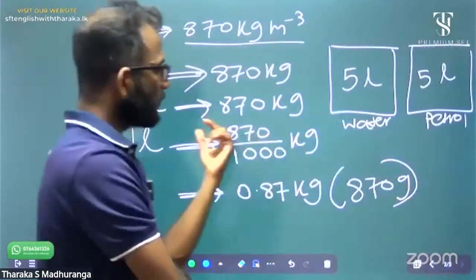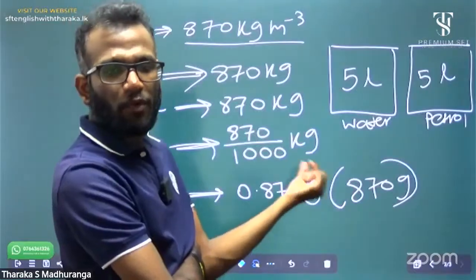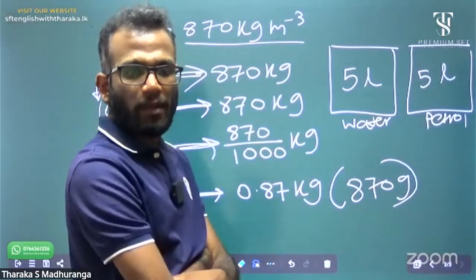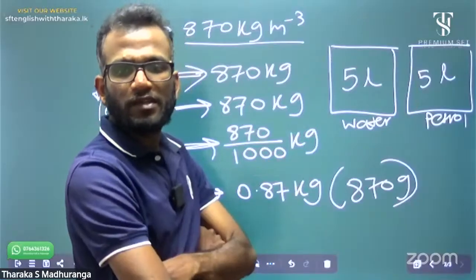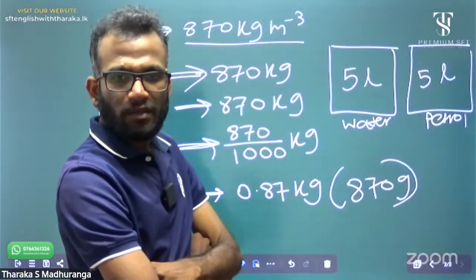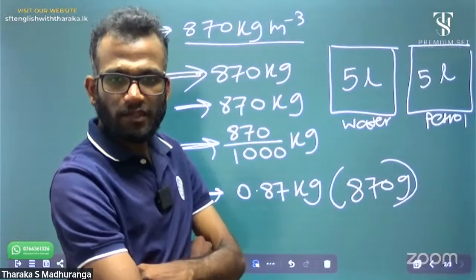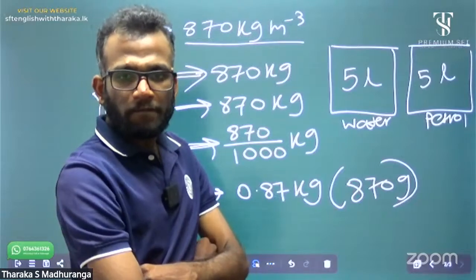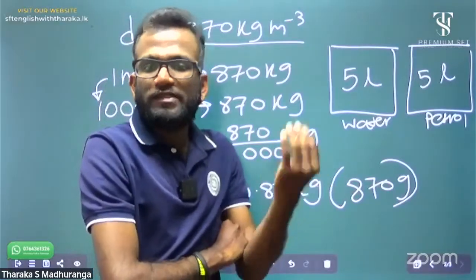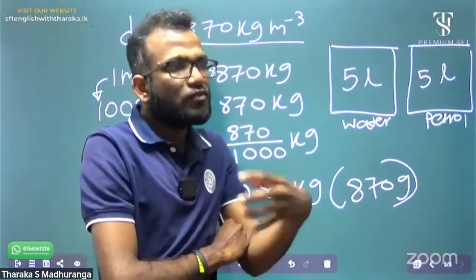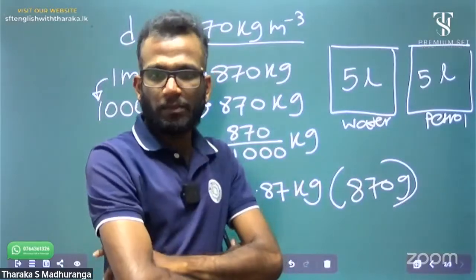If you got petrol, 1 liter is only 870 gram or 0.87 kilogram. Multiplied by 5, it is about 4.35 kilogram. The mass of unit volume is the density. The mass of 1 liter always depends on the density of the liquid. Remember.